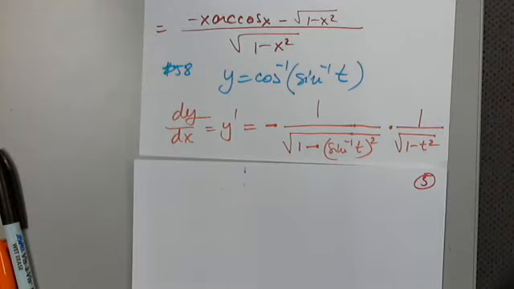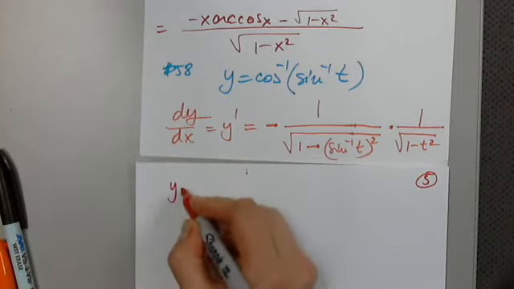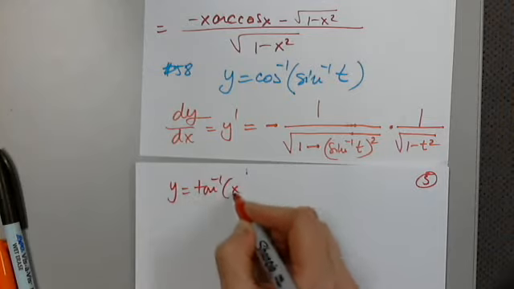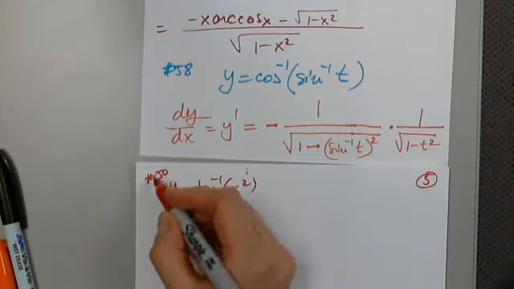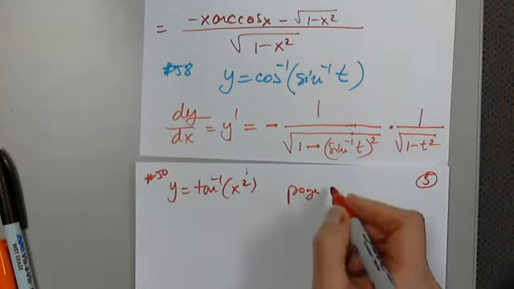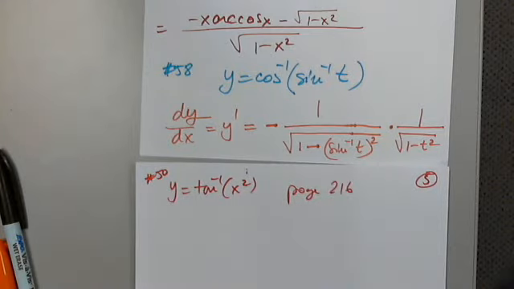We have tangent inverse of x squared. So y equals tangent inverse of x squared, and this is 50. Page, again, 216. So we want to find y prime, or dy over dx, and we have to differentiate tangent inverse. So please don't get confused and put a negative in front and say that you subtract 1 from the power.